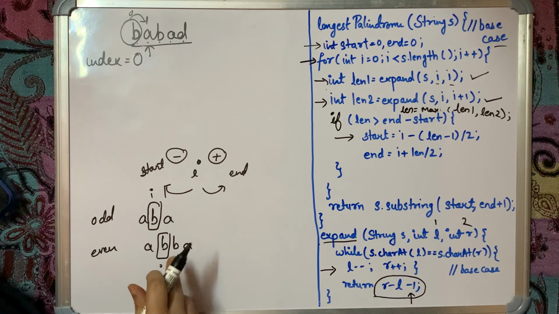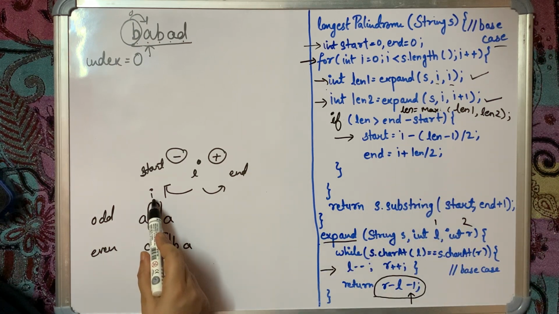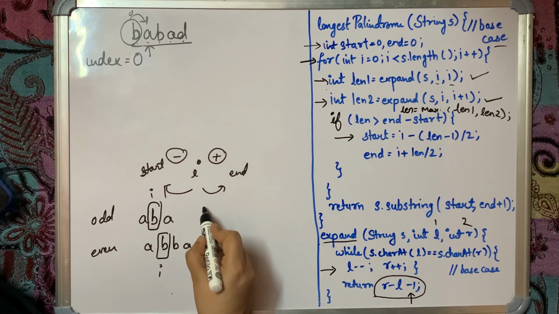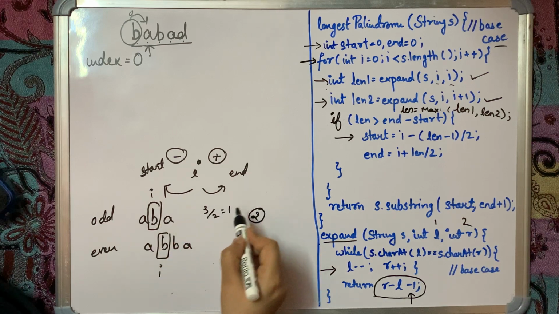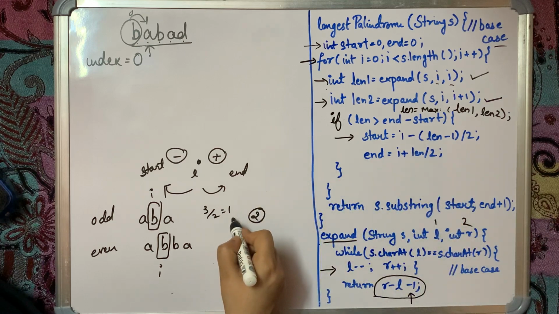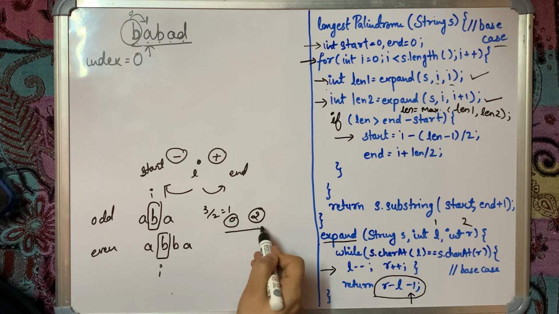In this case you do i plus length by 2, you will come here. So let's say i was 1 and the length was 3. So 3 by 2 is 1. So 1 plus 1 is 2, and 3 minus 1 is 2, i minus 1, which is 0. So your start and end index is 0 to 2.